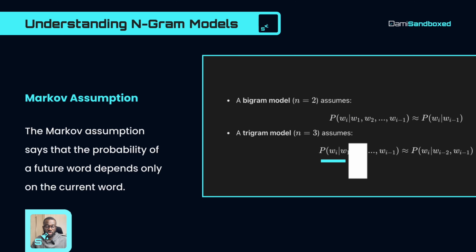For a trigram model, you have a 3 minus 1 word context window, so it considers 2 words to predict the next word. And for a 7-gram model, it considers a 7 minus 1 word context window, that is 6 words, to make the next prediction. That's how the Markov assumption helps with the prediction process.